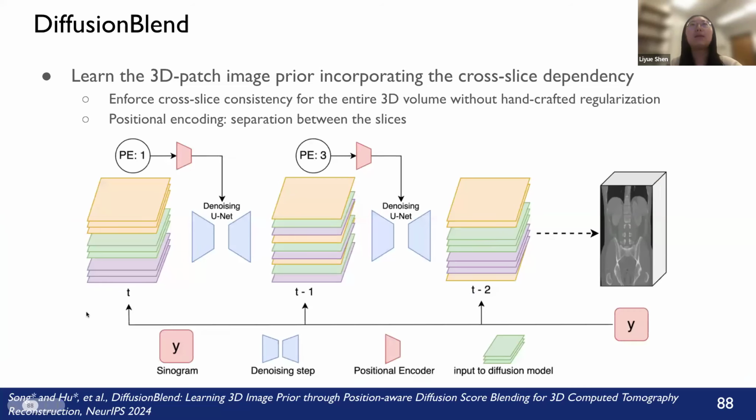We also add positional encoding to tell the network how close the neighboring slices are to each other, so it can learn the dependency across different slices and embed this information during training, rather than depending entirely on the sampling time to enforce cross-slice consistency.